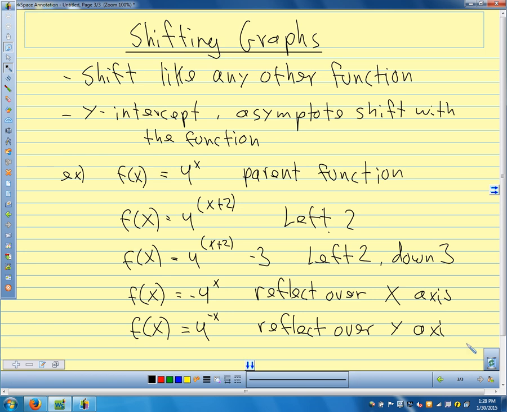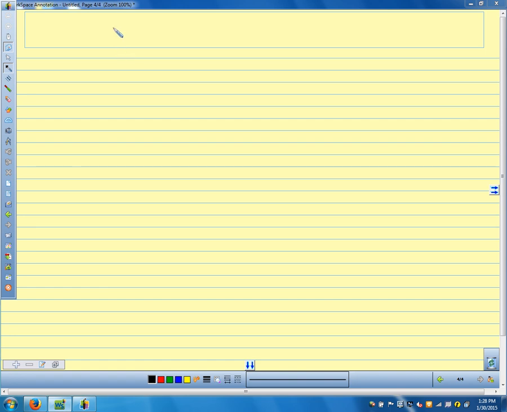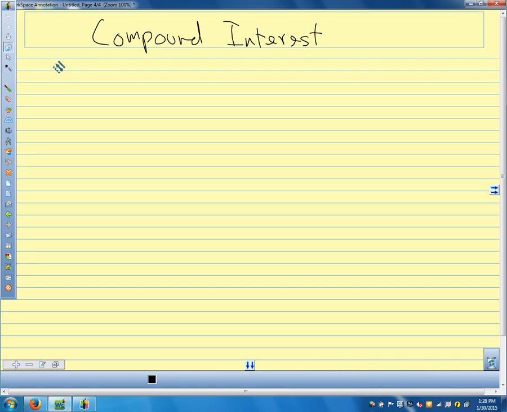All right, questions there? Okay, one of the big applications that we'll talk about with exponential functions is compound interest. Compound interest is, I don't know, it's kind of what makes the world go round. That's how people make money.